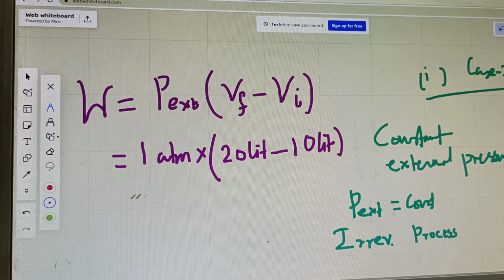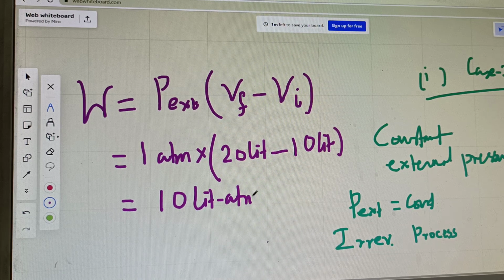After calculation it is 1 into 10, that is 10 liter atmosphere. Now we have to convert this unit liter atmosphere to calorie.